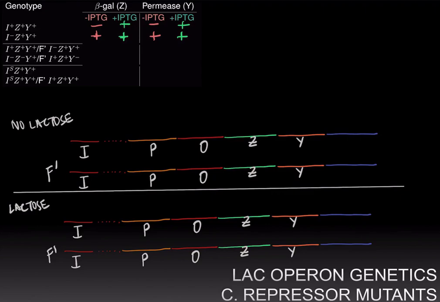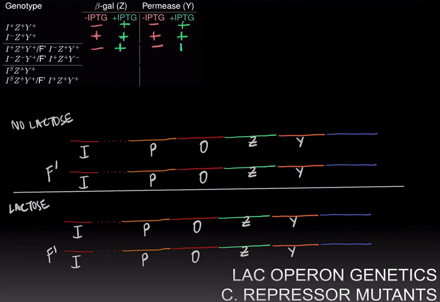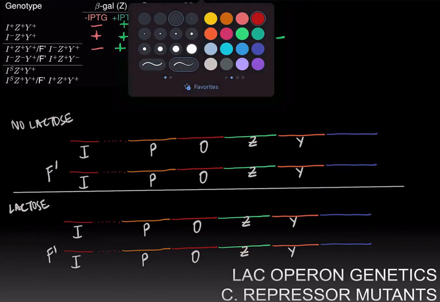And when they did so, they found that the I plus allele was dominant because the expression was inducible rather than constitutive in this I plus over I minus heterozygote, and that leads to the conclusion that I plus is dominant over I minus. Let's see how this might work mechanistically.